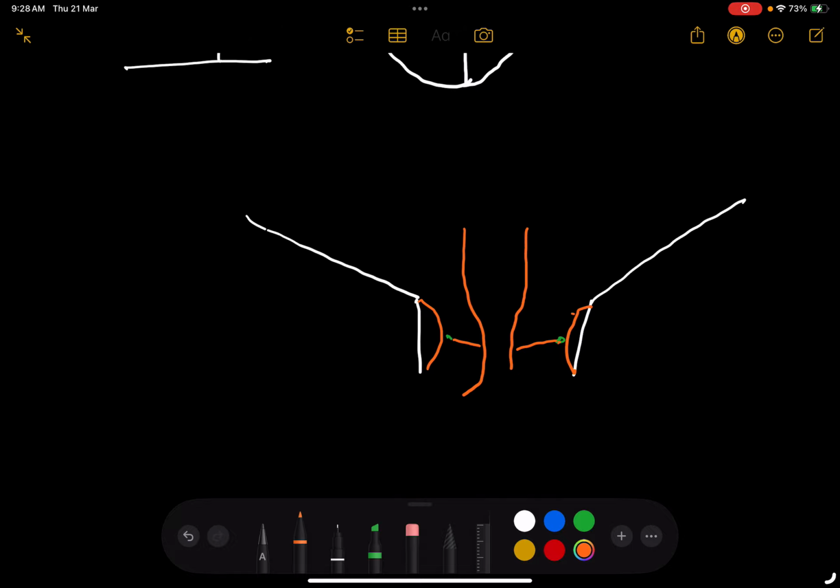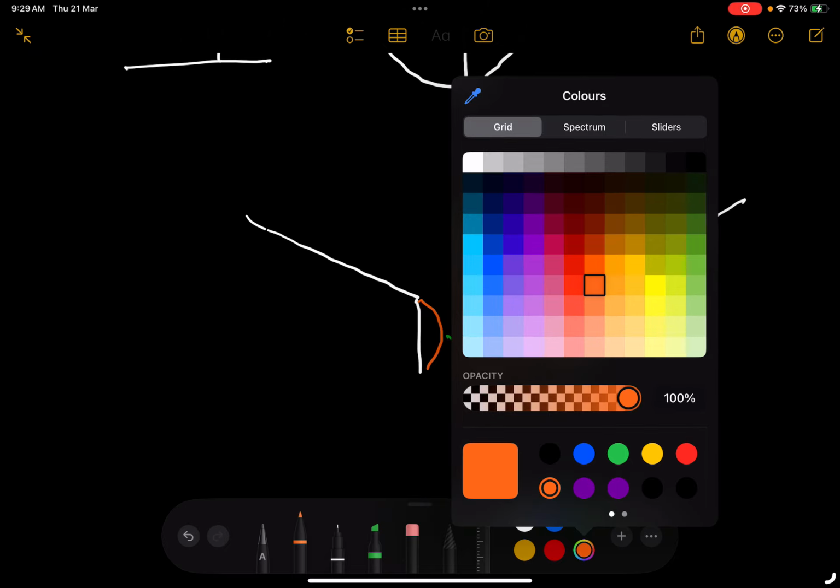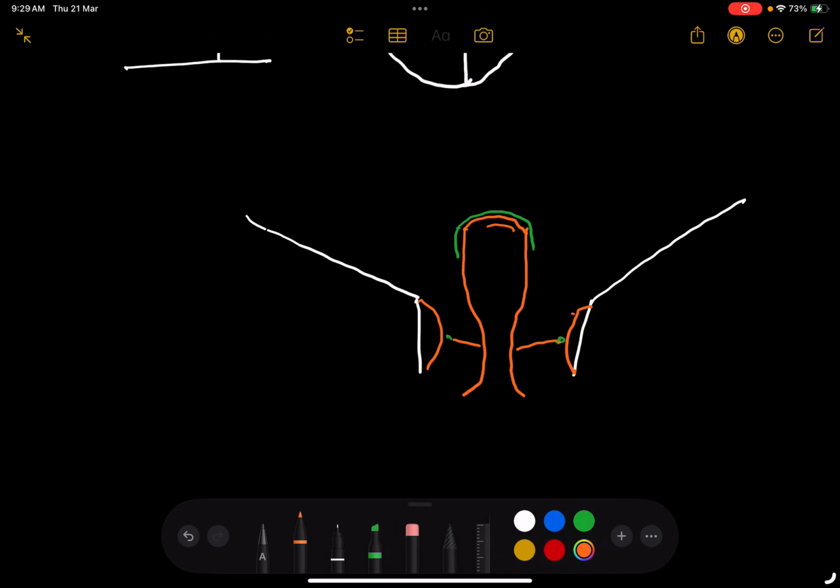So these are the longitudinal fibers of the rectum. Outer wall is longitudinal fibers covered by fascia transversalis. Then there are the circular fibers of the rectum like this.